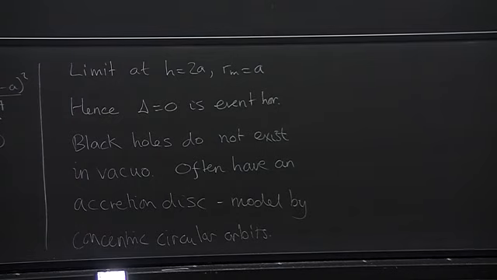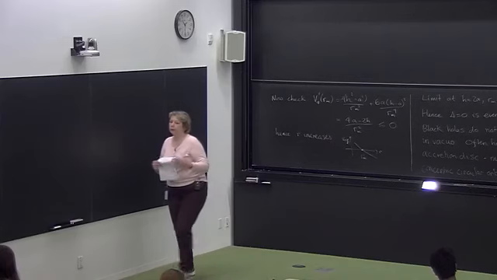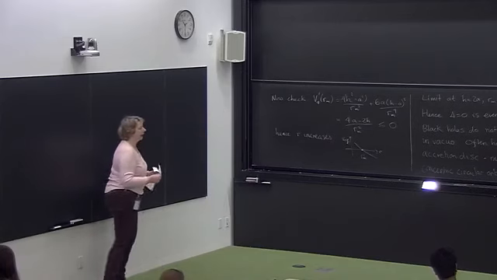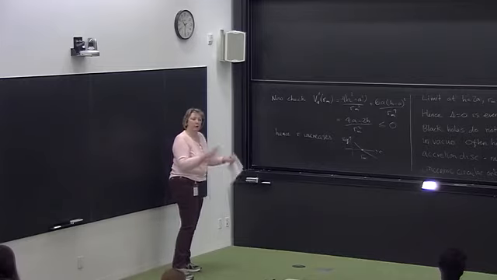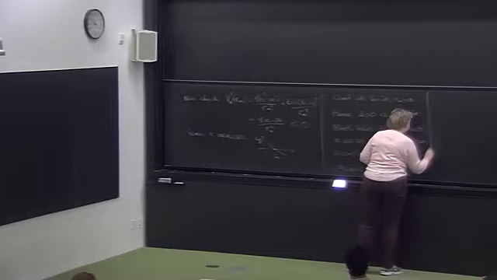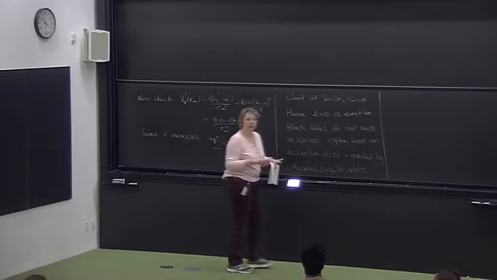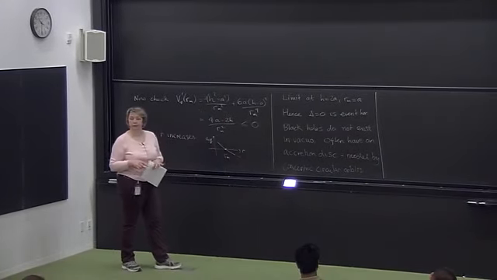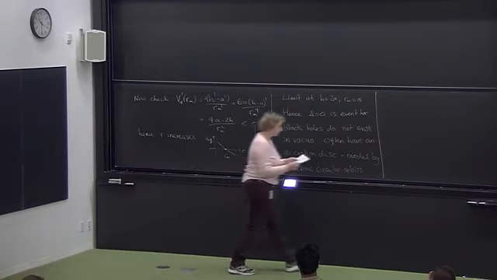I just want to say a little bit about orbits around a black hole. And again, because I want to do it on the board and in as simple a way as possible, I'm going to talk about a very idealized accretion disk around a Schwarzschild black hole.